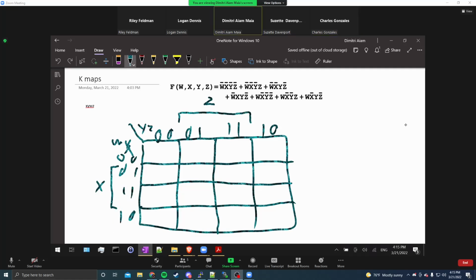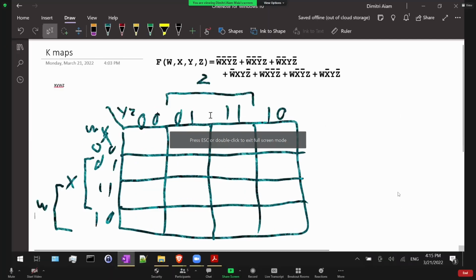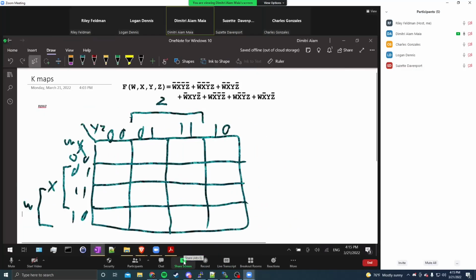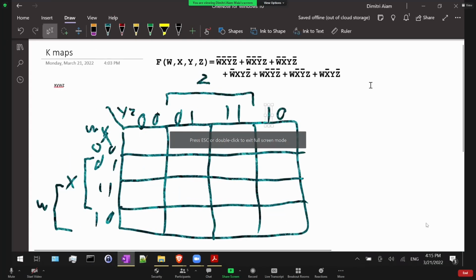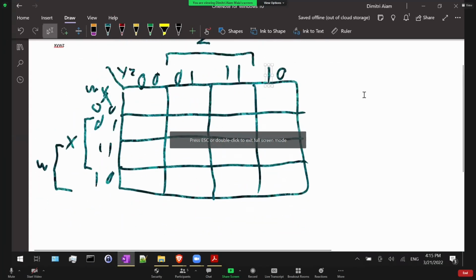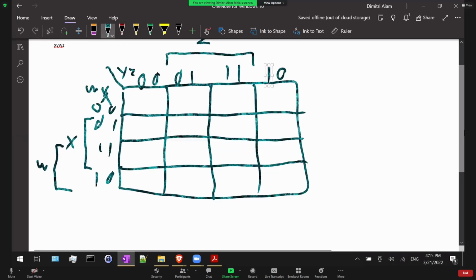So this over here is W, okay? Does that make sense? Same thing over here. This over here is where Y is true. So Y is true over here and over here. You see the Y?